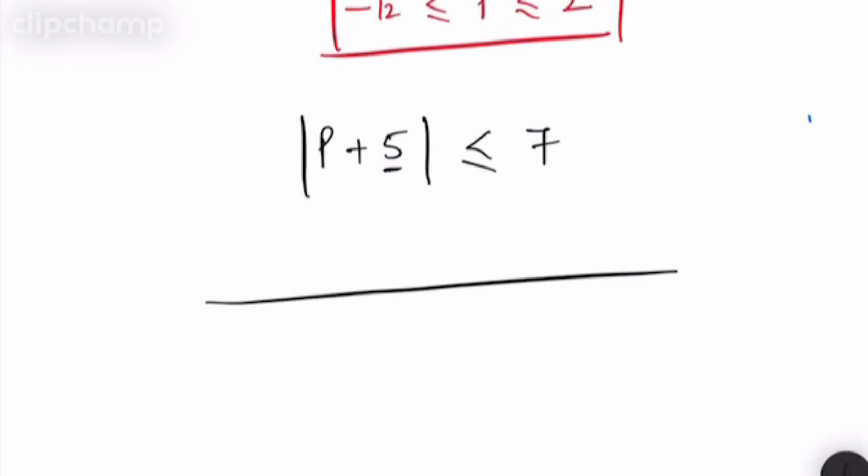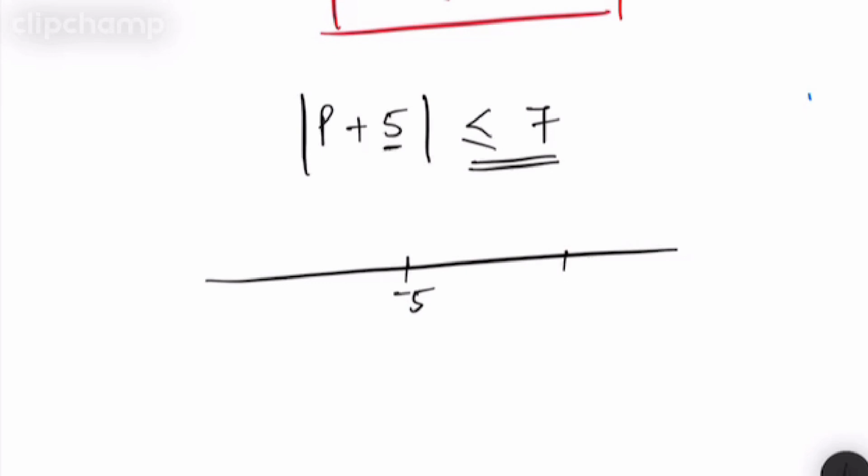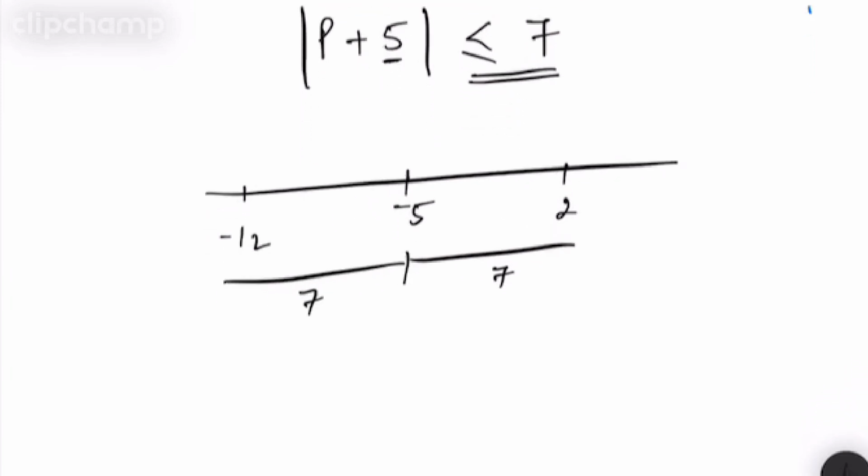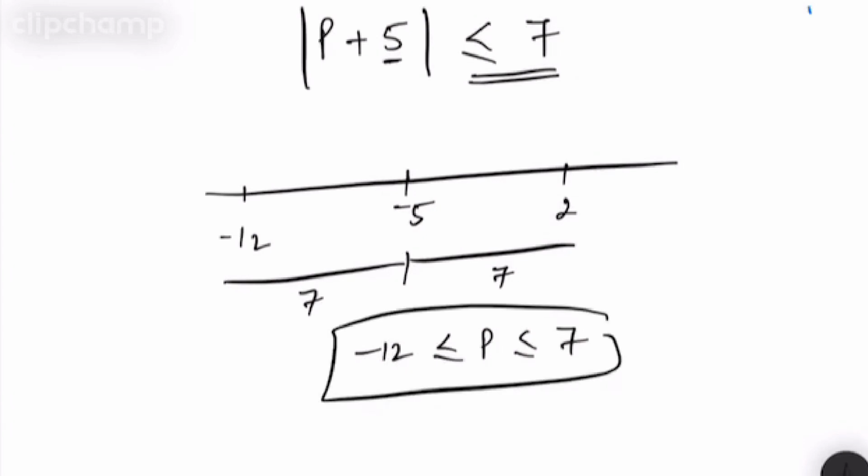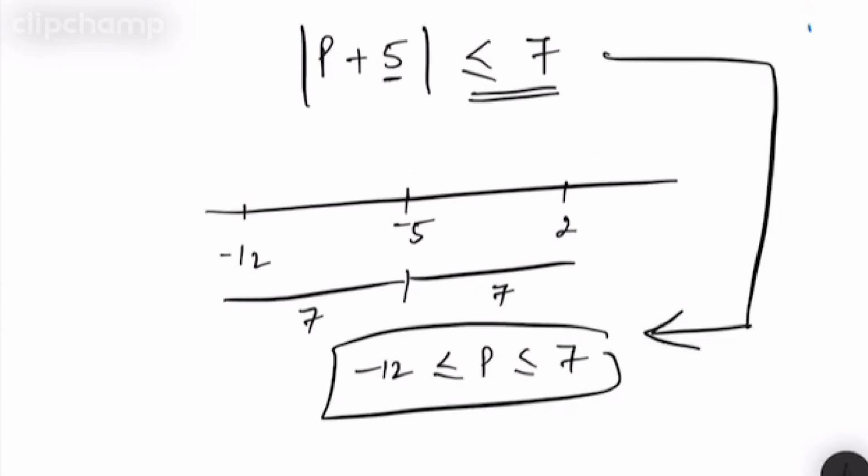Here our point is minus 5. For the distance of p from minus 5 to satisfy the less than or equal to 7 condition, it will be like here 2, so the distance will be 7, and here it will be minus 12, so again the distance will be 7. So the range of p will be minus 12 less than or equal to p less than or equal to 2. In just one step we have solved this problem.